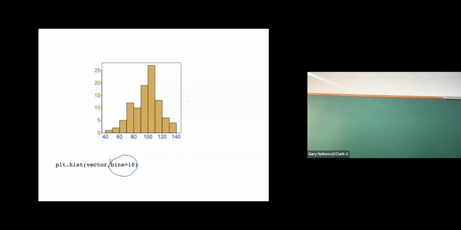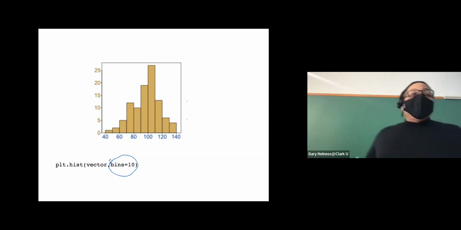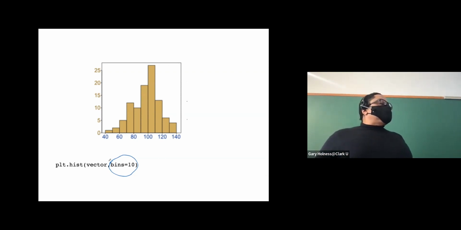Maybe you're more interested in your analysis of the decades, right? People in their teens, in their 20s, 30s, and so forth. And so when you set the bins, what that refers to is the number of partitions across the span from the minimum data item to the maximum, and you're chopping it up into 10 equal regions. And then when you iterate over the data points, you're collecting them in each one of those bins.